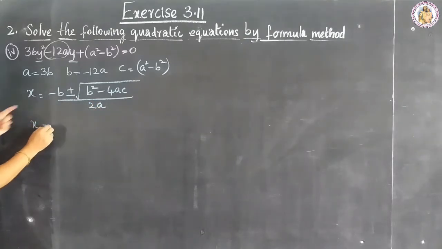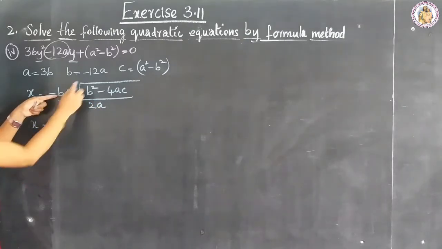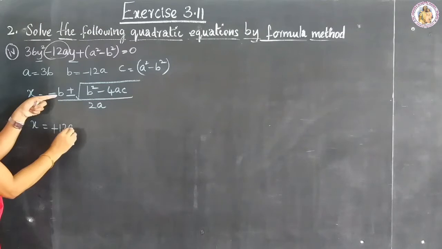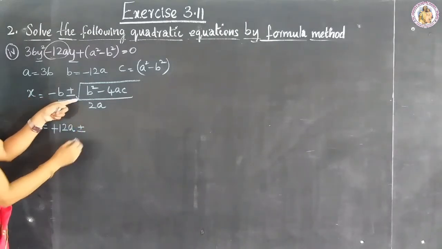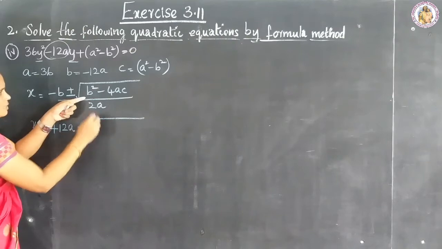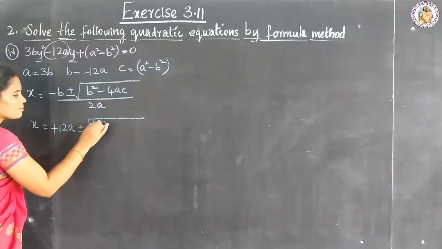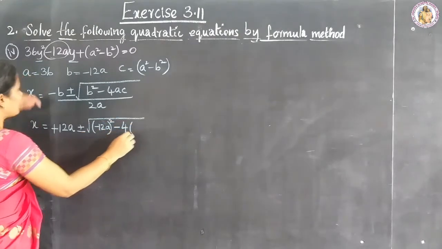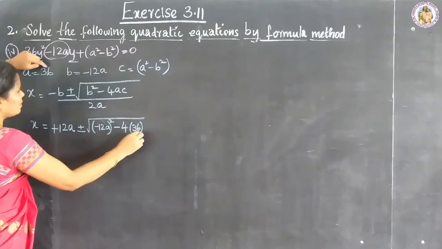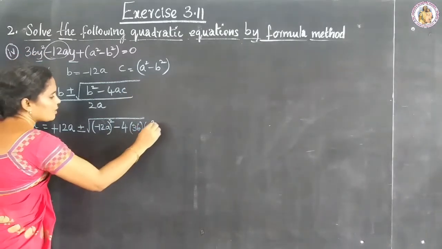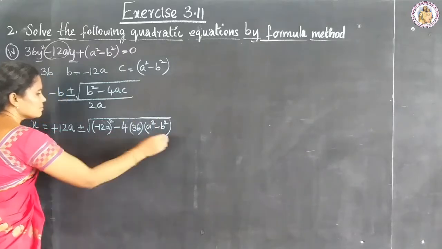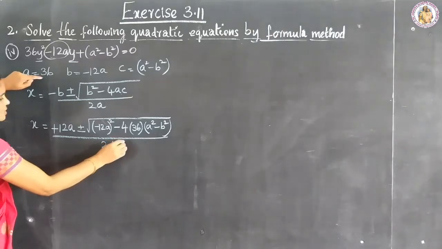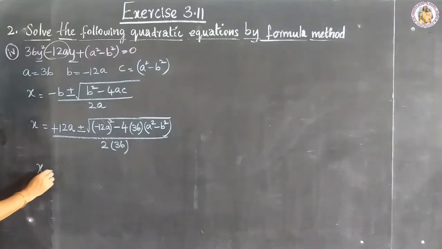So x is equal to minus b, b is minus 12a. So minus will become plus 12a, plus or minus. So b square is minus 12a whole square minus 4, a is 36, into c, a square minus b square, by 2a. 2 into a.